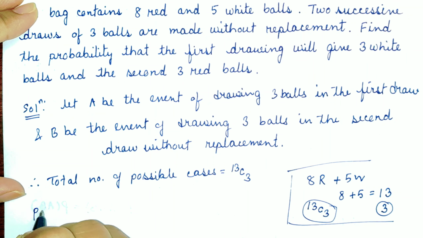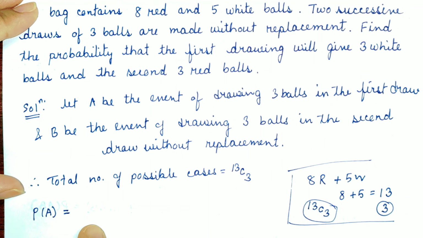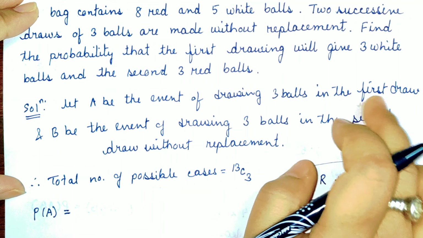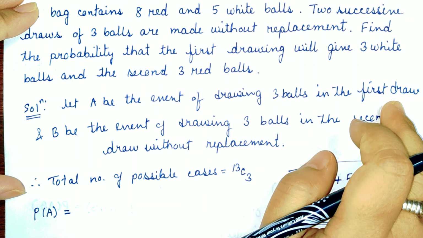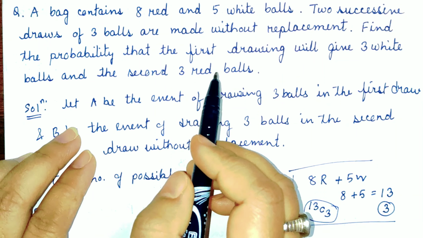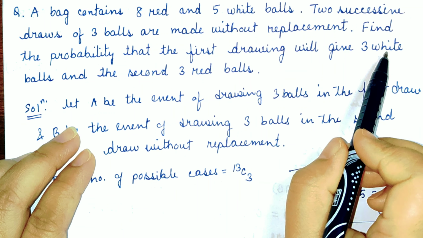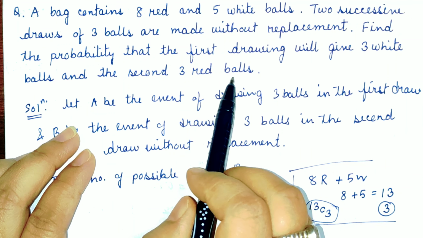For the event A, P(A) means drawing 3 balls in the first draw. Also see the last line of the question: the first drawing will give 3 white balls and the second 3 red balls.